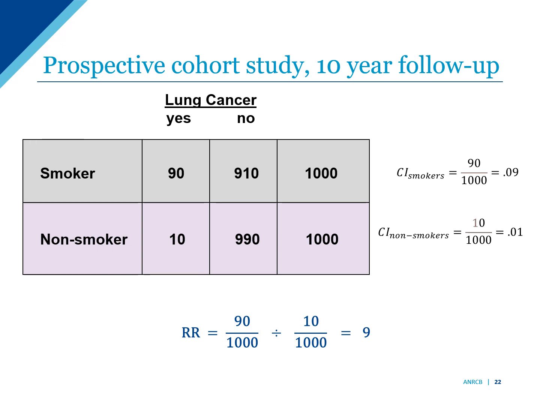Here's an example of a prospective cohort study of smoking and lung cancer. Calculating the relative risk for lung cancer among smokers compared to non-smokers, we get a relative risk of 9. Imagine that this is the true risk of lung cancer in this population. But how might you see people dropping out of this 10-year follow-up study?